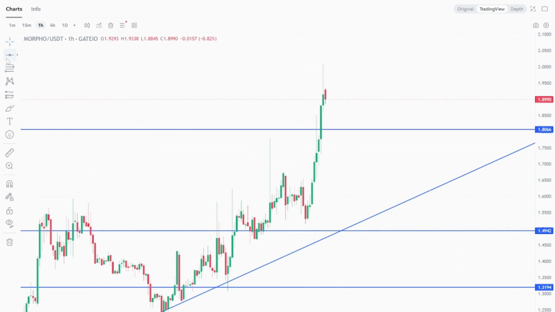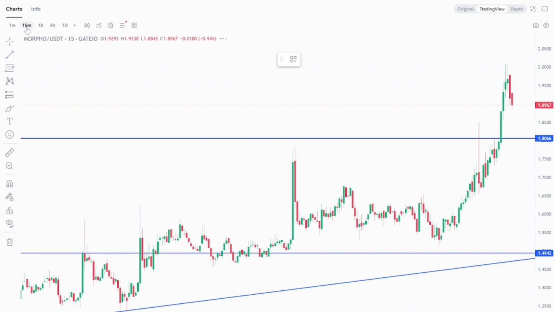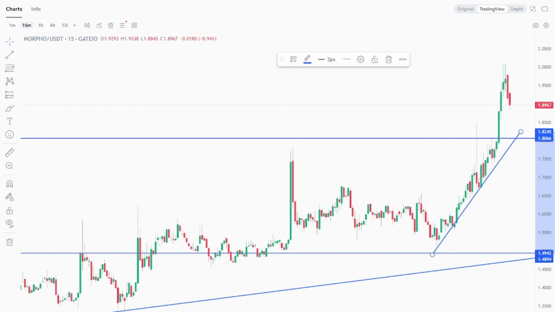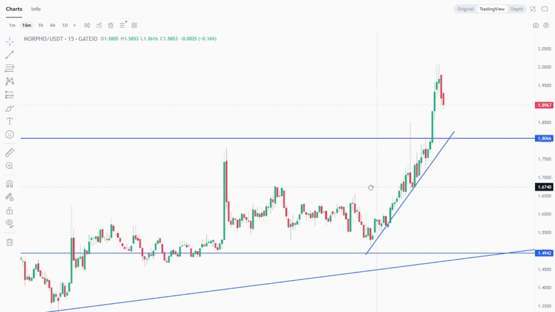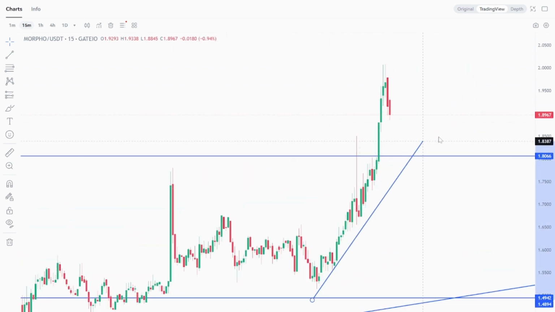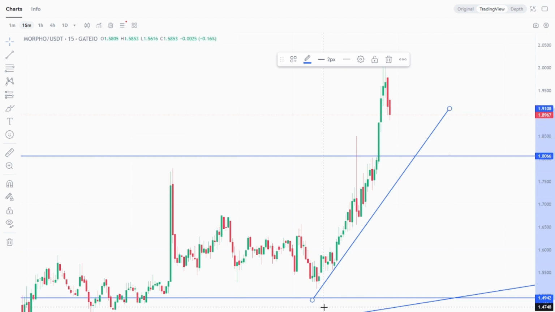And right here, if you want to draw a short time resistance or short time trend, I will go to 15 minutes right here and try to find a short time uptrend. You can see there's this short time trend, and you want to always draw this trend perfectly.